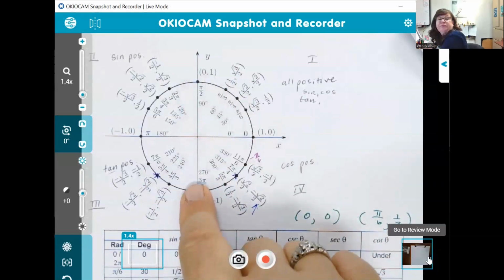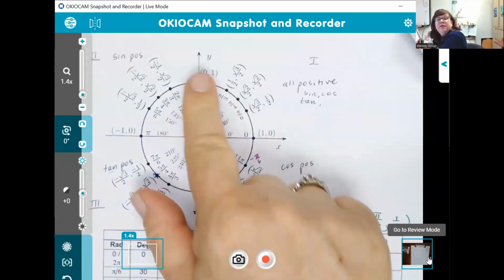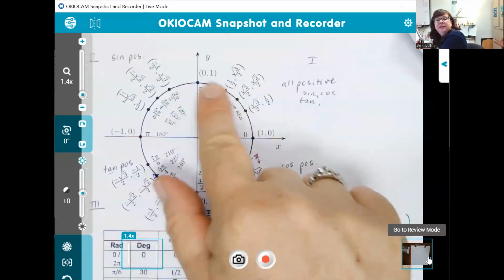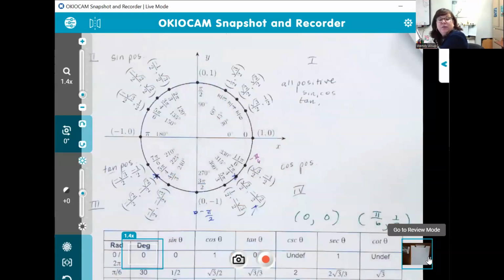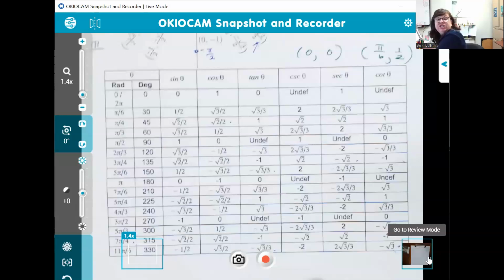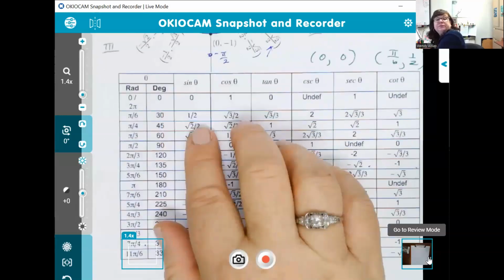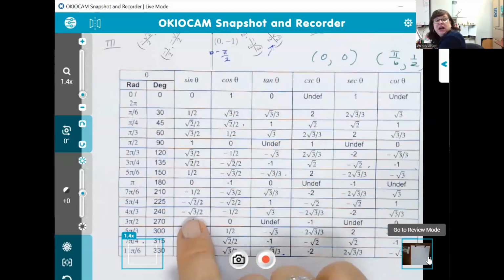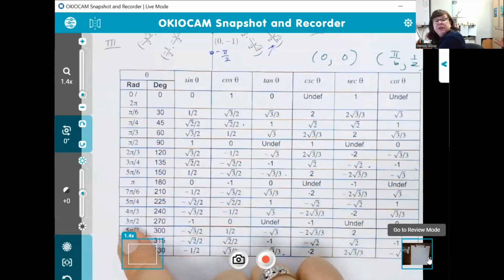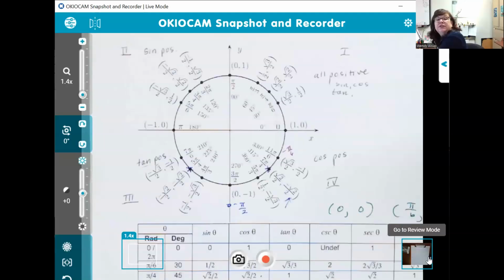We want to know, in this range, when is the sine -1? My cheat sheet's real helpful. Here at 3 pi over 2. Where's 3 pi over 2?